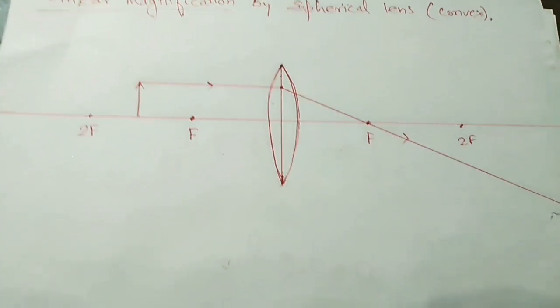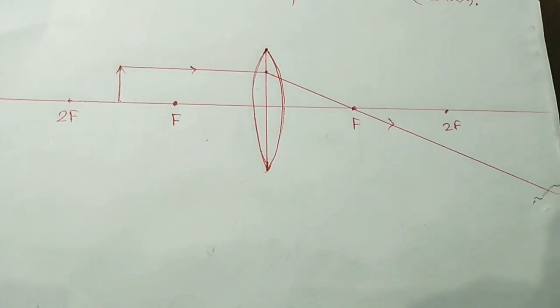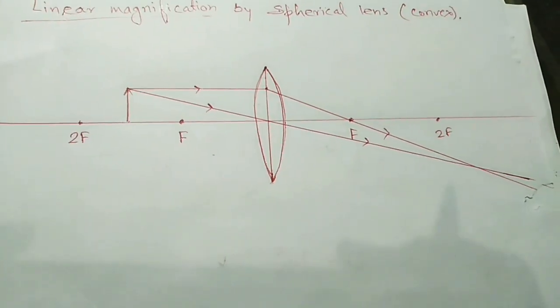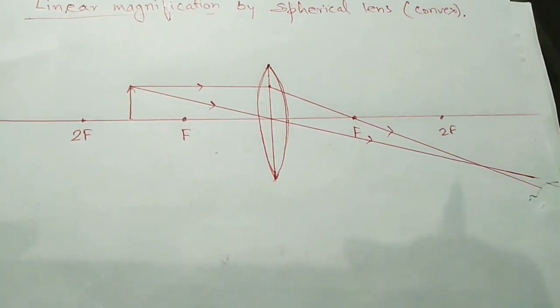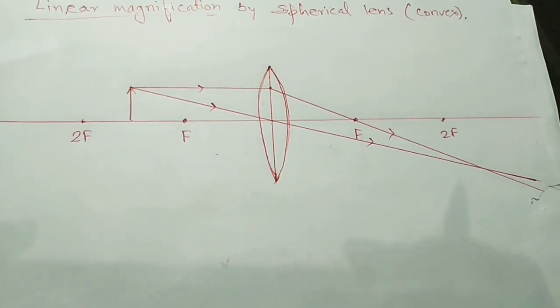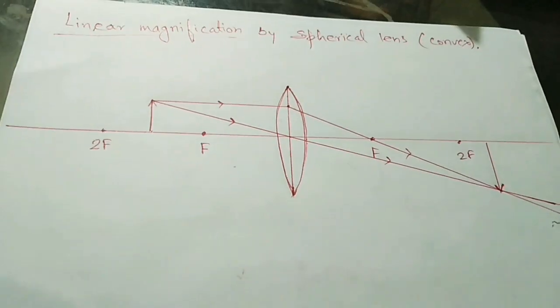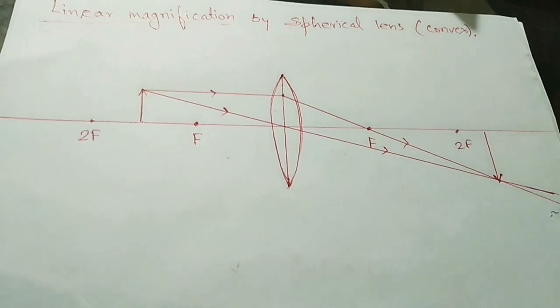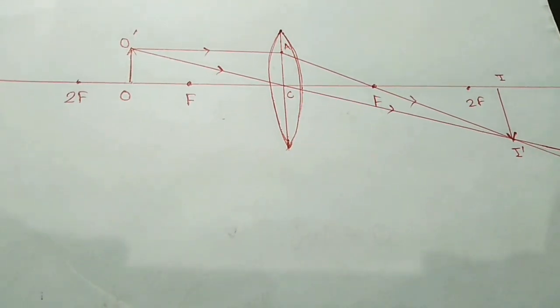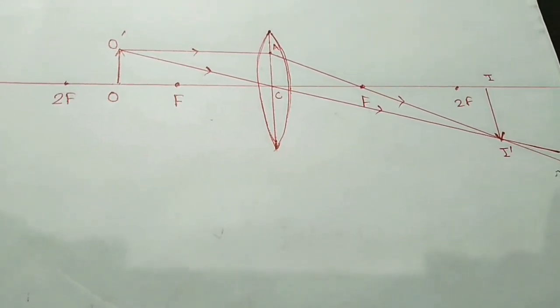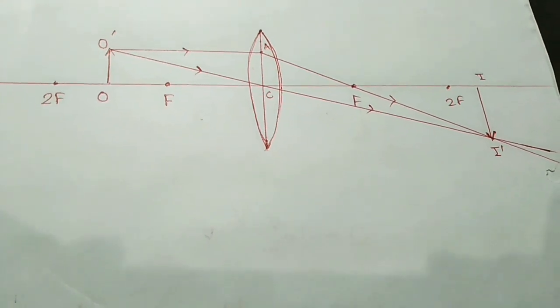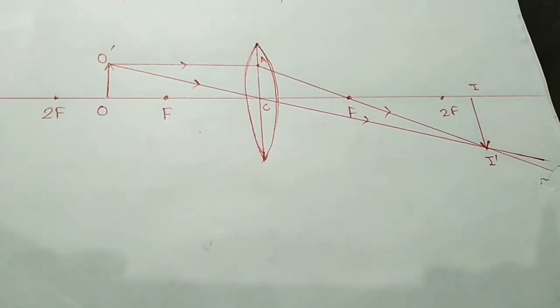First ray starting parallel to the principal axis, after refraction goes through focus. Second ray from the optical center intersects the first ray beyond 2f, which forms the image here. Let's name it. After naming all, you can say object OO dash forms the image II dash beyond 2f.